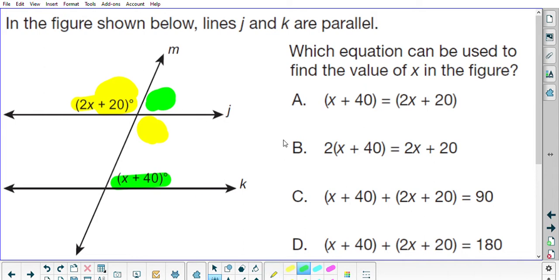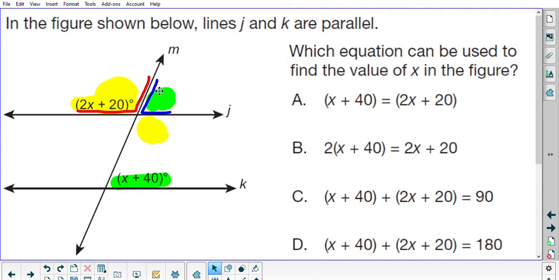And let me show you something else. The 2x plus 20 appears to be an obtuse angle, whereas the x plus 40 appears to be an acute angle. But they do appear to be supplementary angles. Do you see how I'm showing you this?